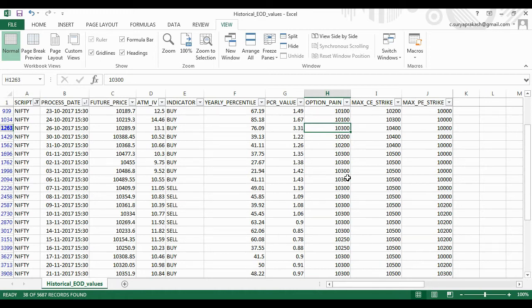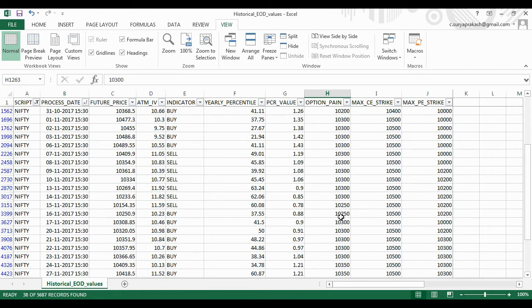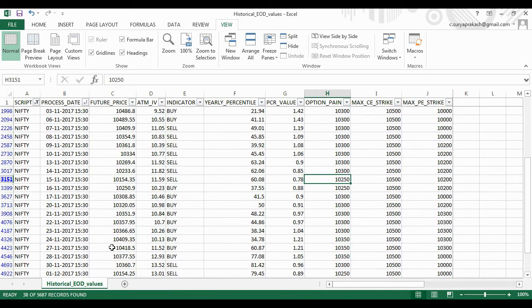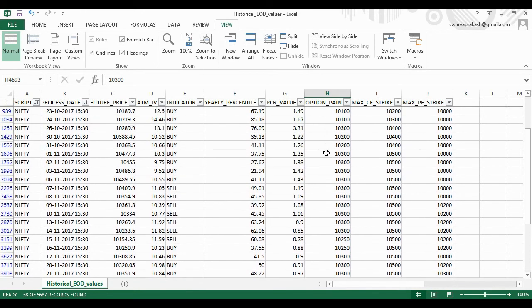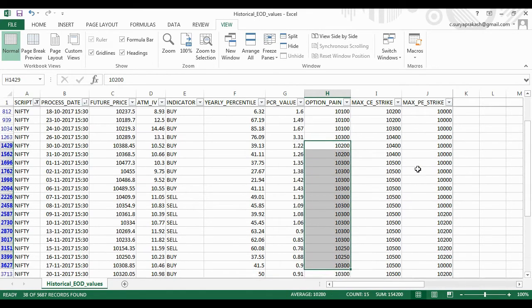For this particular month, you see that option pain almost followed the entire series. There was a little bit of deviation at 10,250, but it got closed at 10,300 itself. Throughout the month of November, it was at 10,300, and you see the beauty here.